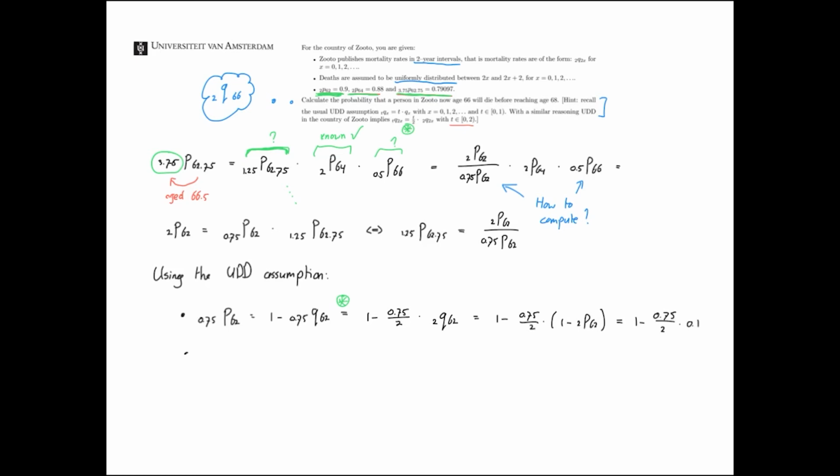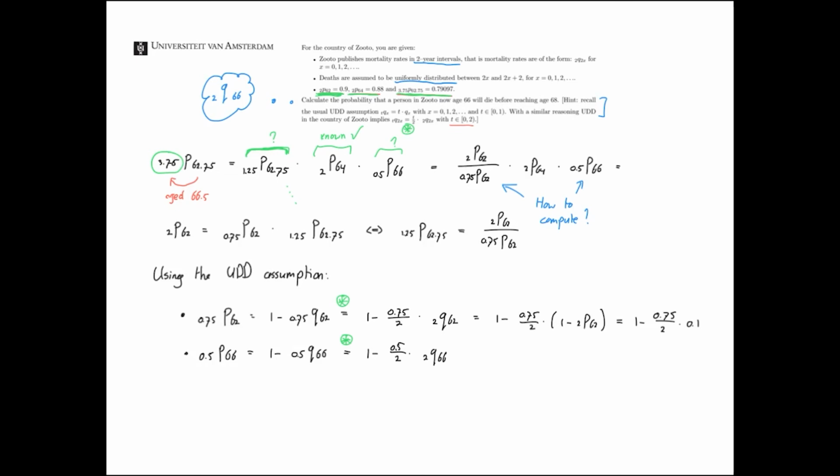For the latter one, there's still one other probability we need to compute, and that is 0.5p66. Now this probability we can rewrite as 1 minus 0.5q66, and then again we use the uniform distribution of death to write this as 1 minus 0.5 over 2 times 2q66.